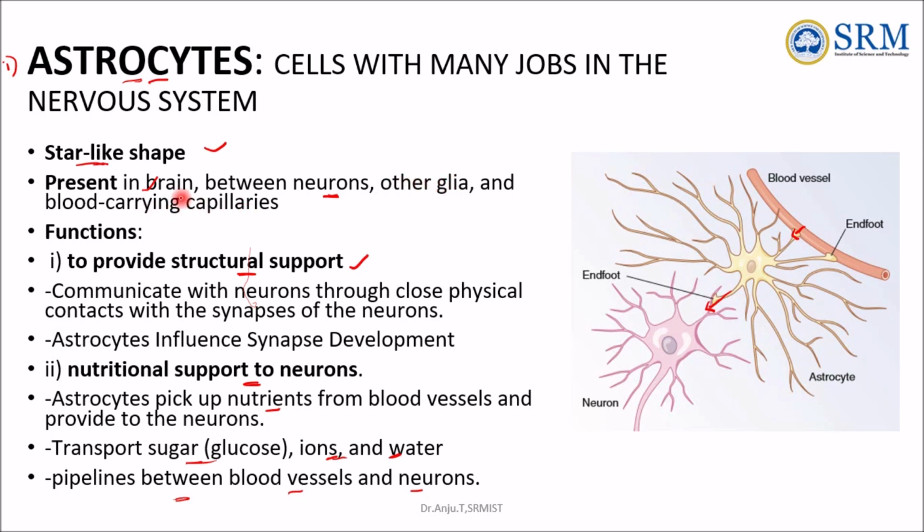So majorly they are found in the brain, between the neurons or between the glial cells, and as given in the picture, they are bound to the blood capillaries also.